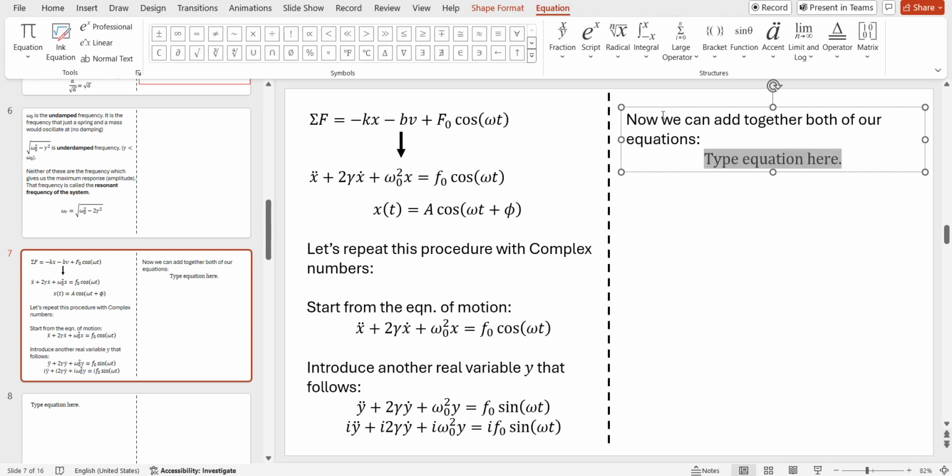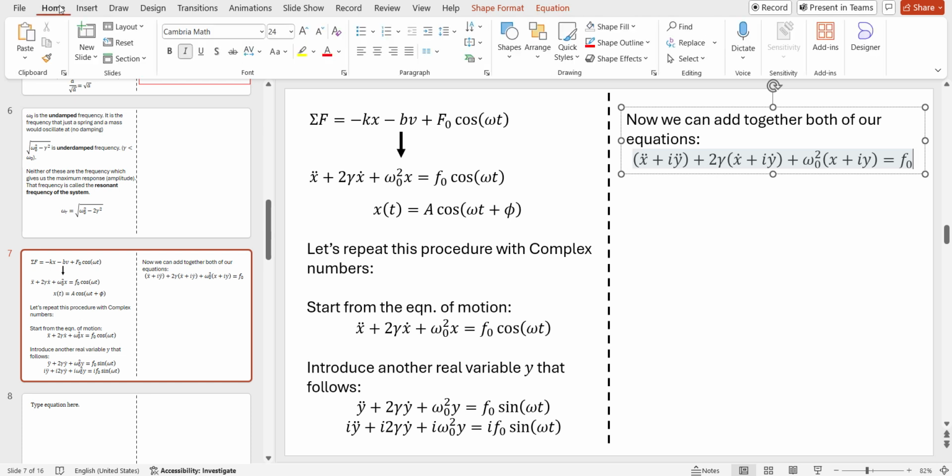And if we do that, we will find that we can write this as x double dot plus i y double dot plus 2 gamma times x dot plus i y dot plus omega naught squared times x plus i y equals, and here we're going to have F naught.